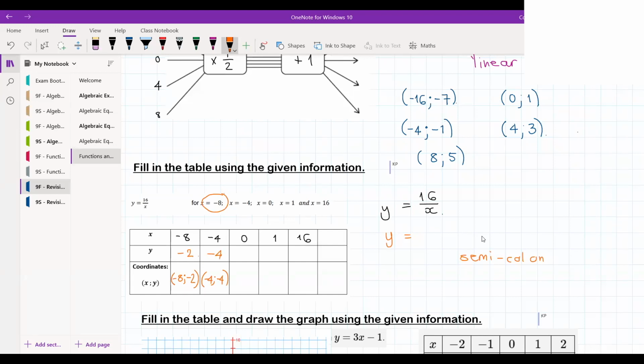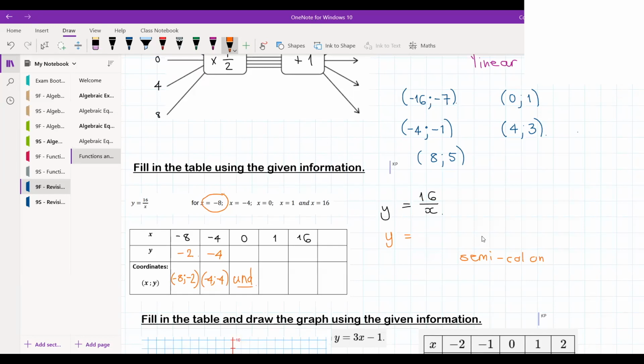What about the next one? What about 0? Man, that one, I'm not sure, because even if we put it into our calculator, funny things happen, yes? I didn't find the answer. That's true. That's because anything divided by 0 is undefined. So we have nothing here.